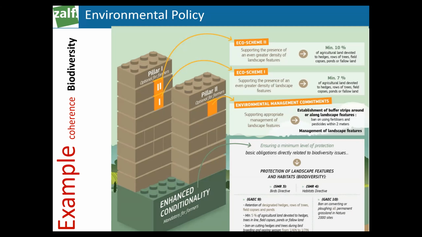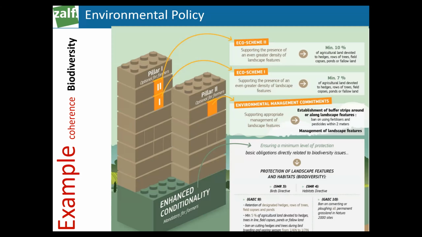And in Pillar 2, the member state is now, because member states are responsible for eco scheme 1 and 2, they look also at Pillar 2, where they're responsible at the state level. Let's look at the environmental management commitments and let's establish a buffer strip around or along landscape features.